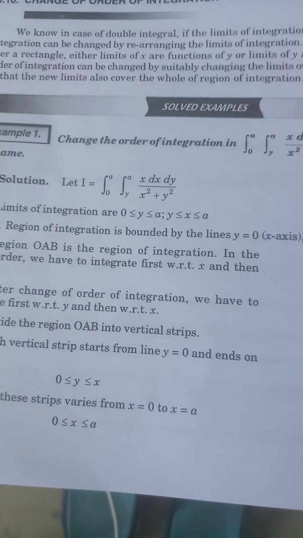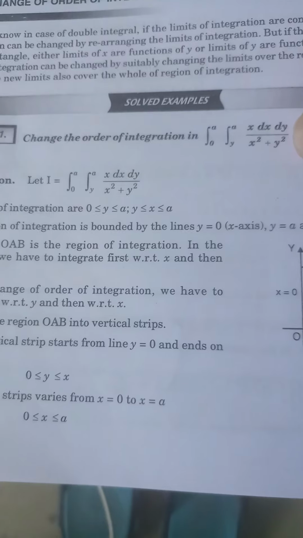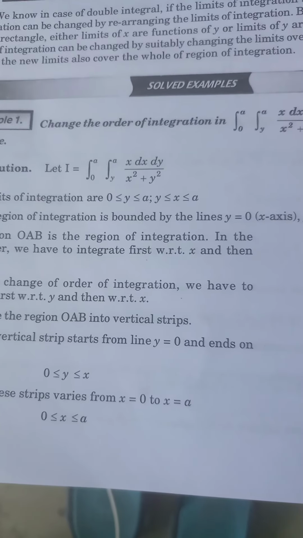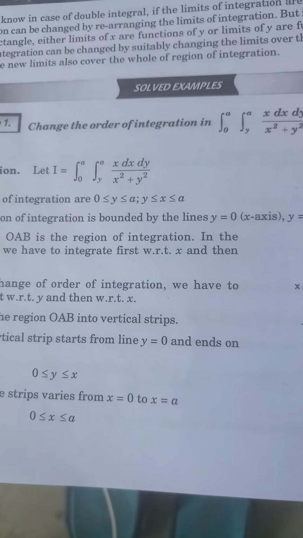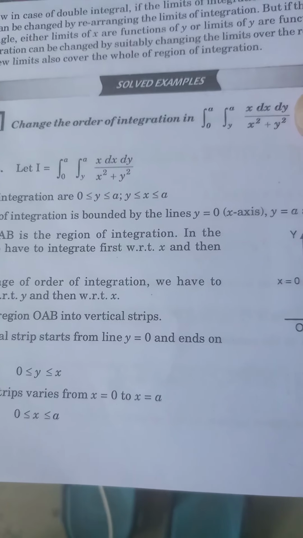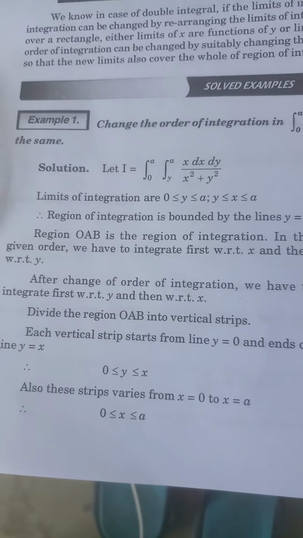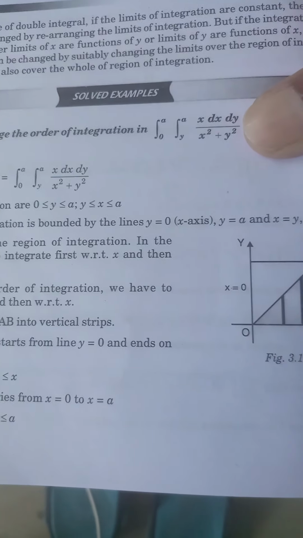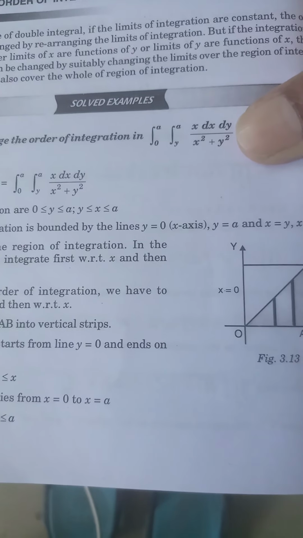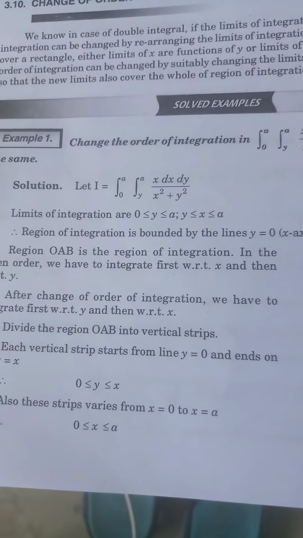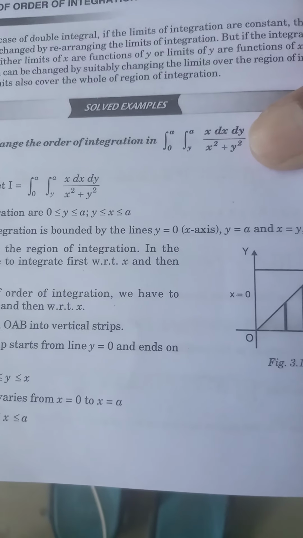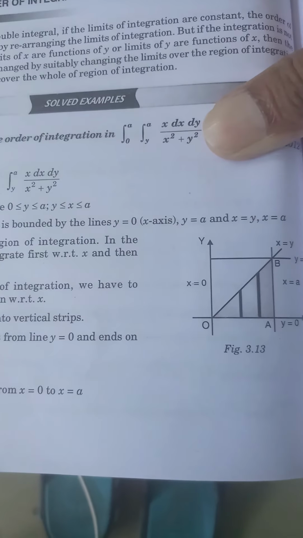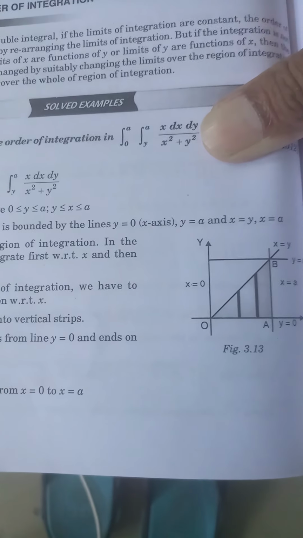Let I equal integral 0 to a integral y to a x dx dy over x square plus y square. So limits of integration are, y lies between 0 to a, and x is y less than equal to x less than equal to a. Therefore region of integration is bounded by the lines y equal to 0, x axis, y equal to a, and x equal to y, x equal to a.